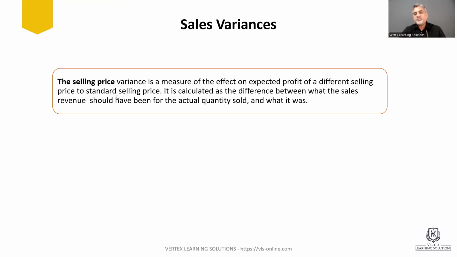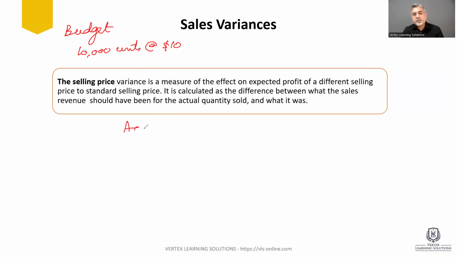So the selling price variance is a measure of the effect on expected profit of a different selling price to the standard selling price. It is calculated as the difference between what the sales revenue should have been for the actual quantity sold and what it was. I'll give you an example. Initially, your budget was that you would sell 10,000 units at $10 each.